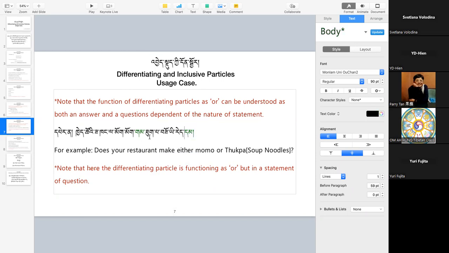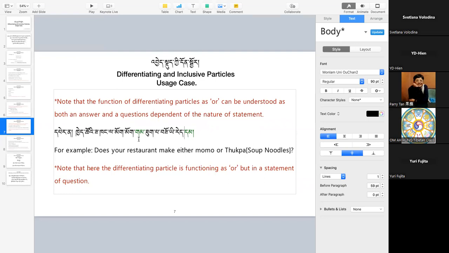So note that these two things were stated not because this particle has any power on making a statement into an answer or question statement. No. This particle has no power over it. It only has an influence over the statement to function as or, providing an option.